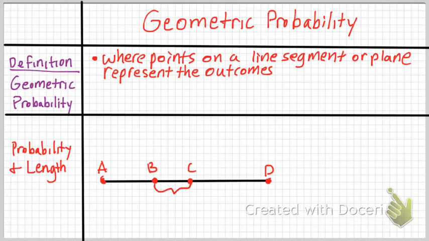And what it's going to be represented by, or how we're going to calculate it, is we're going to take the ratio of the two lengths or the two areas. So it's found by the ratio.